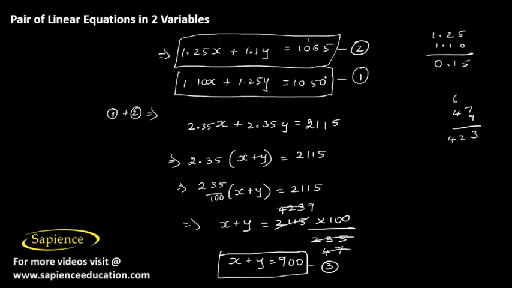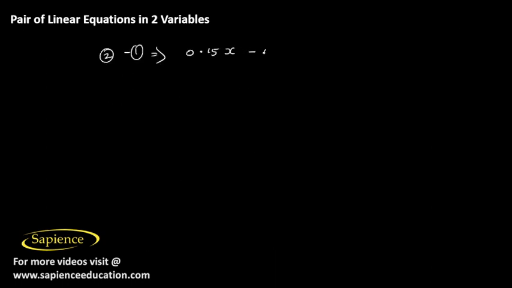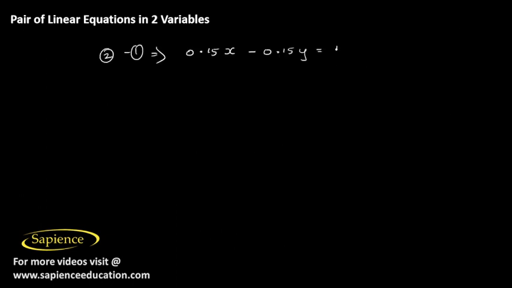So equation 2 minus equation 1: 1.25 minus 1.1 gives 0.15x. Next, again second equation minus first, 1.1 minus 1.25, so minus 0.15y. And this is equal to 1065 minus 1050, which is 15.